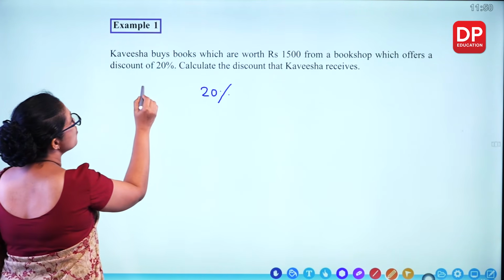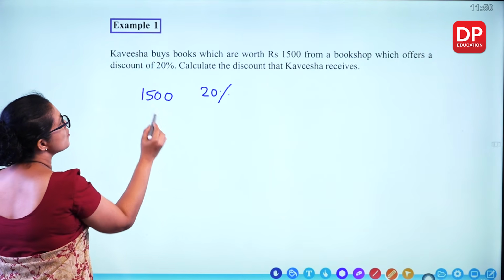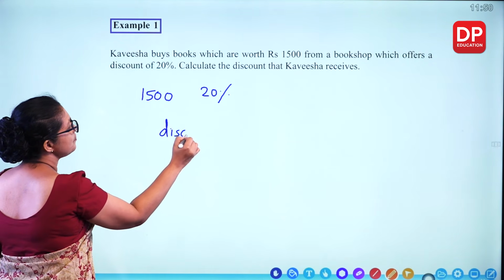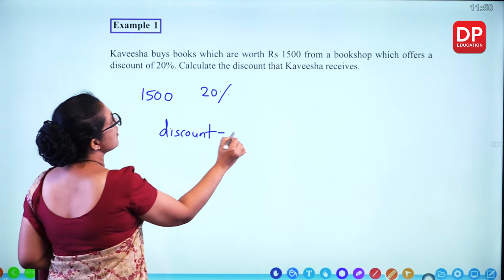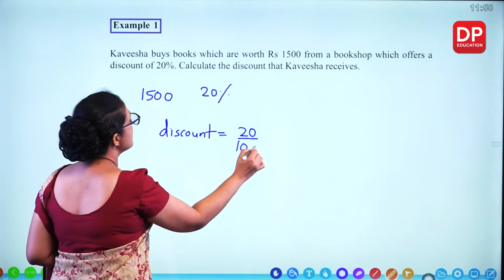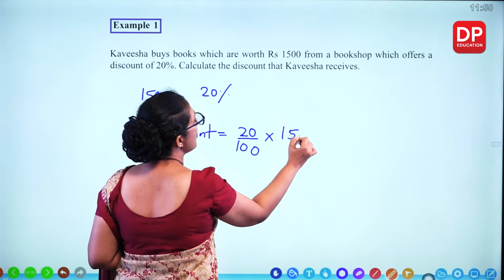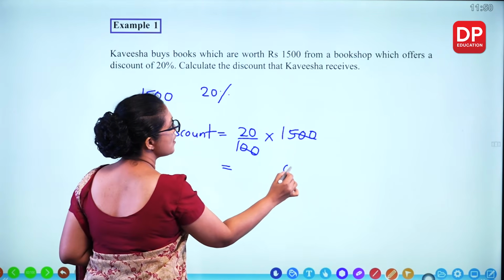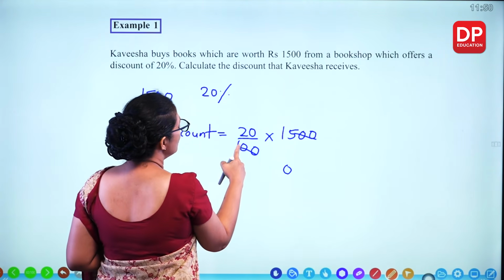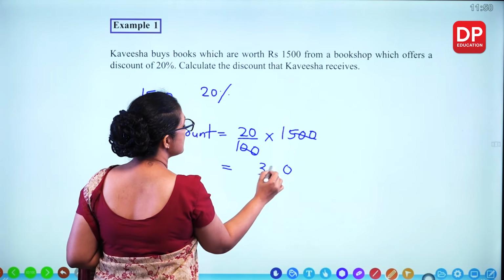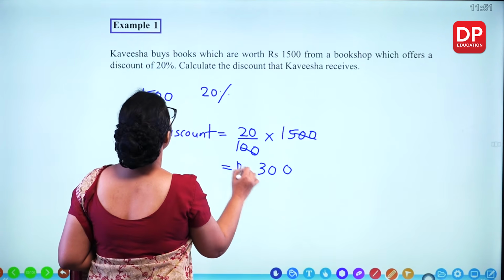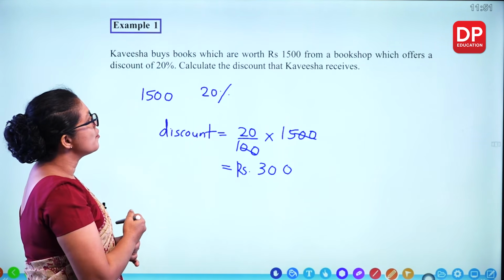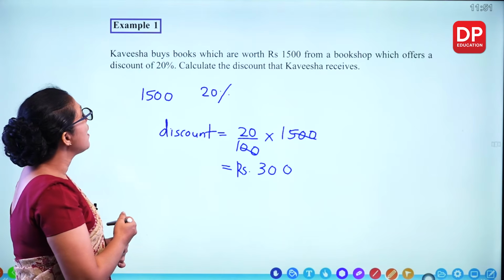So 1,500 is the price. So what's the discount? 20% of 1,500. 2 zeros get cancelled out, multiply by 2. 2 times 15, 30. So Kavisha got 300 rupees discount for buying this book.